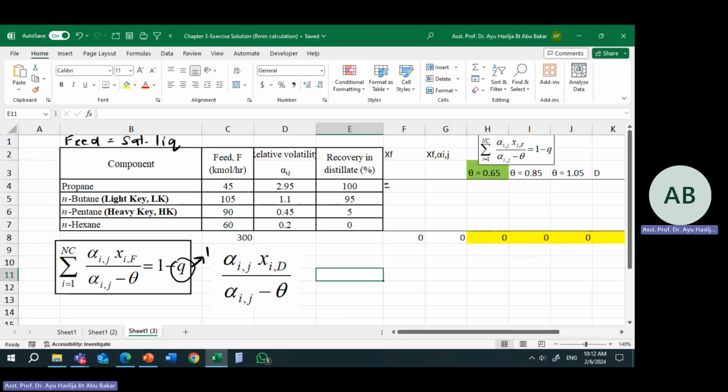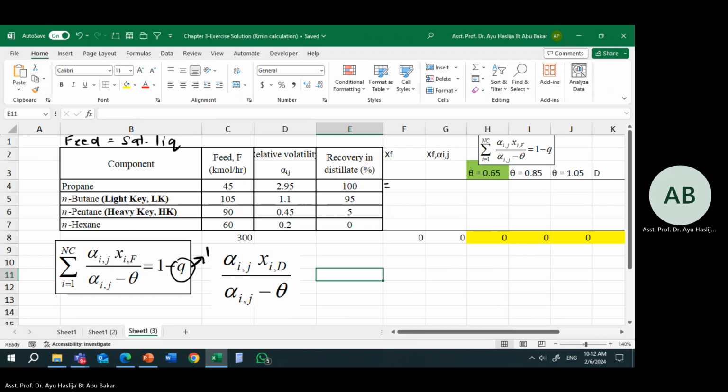How to get the fraction of the feed for each component?